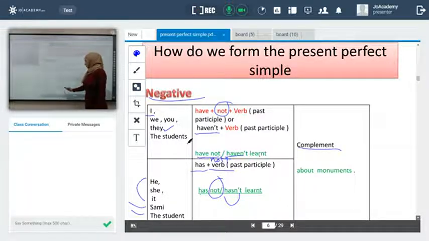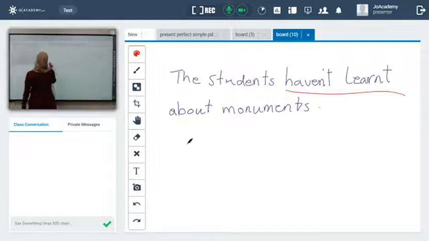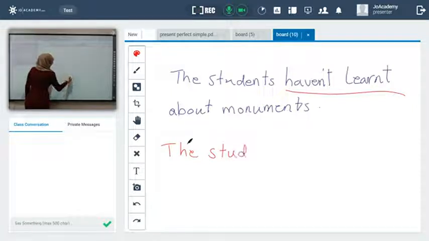She hasn't learned about monuments. The student hasn't learned about monuments. Sammy hasn't learned about monuments. So let's write this here. The student, what do we say here?